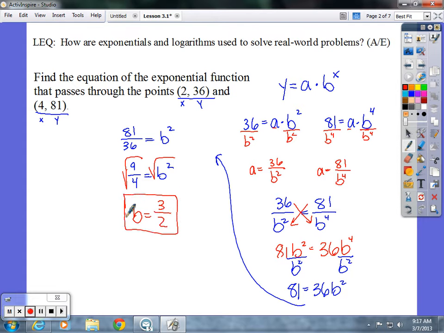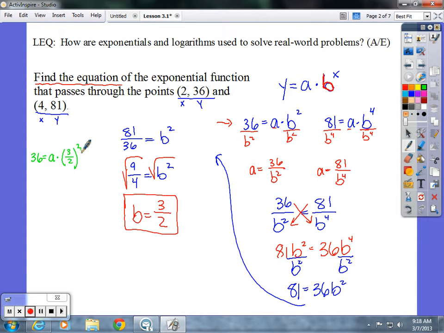I am not finished. Remember, the whole point of the problem was to find the equation. I found the b value. I still need to find the a value for this particular equation. So I've got to take my b value, substitute it back into one of my originals, and solve for a. So let's do 36 equals a times 3/2 squared.